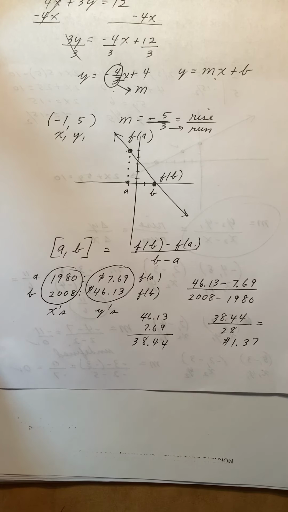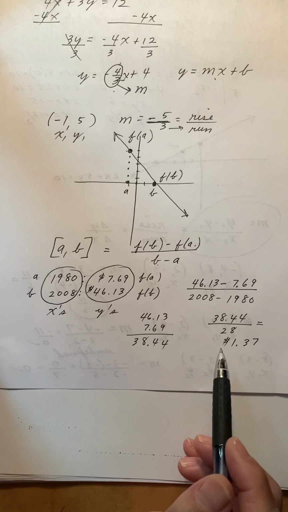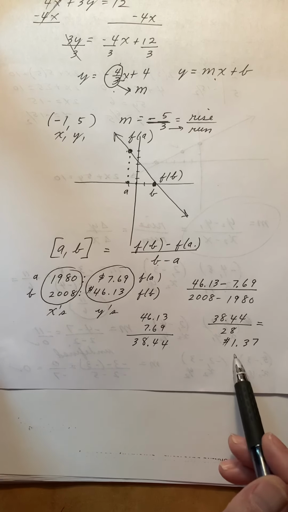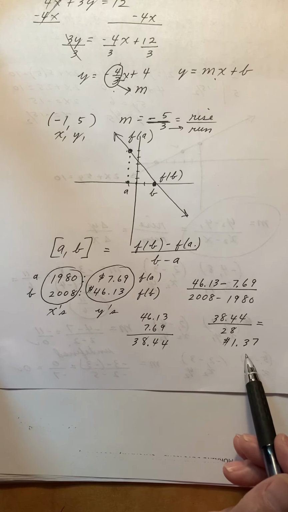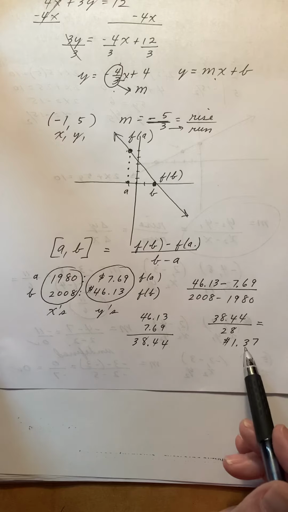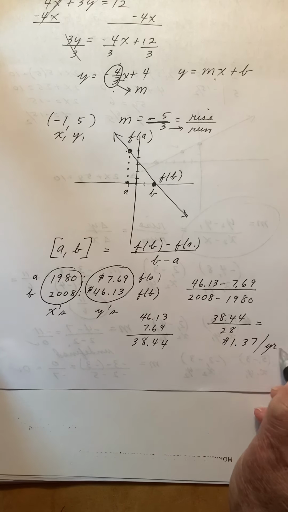So what that means is that the rate for cable TV changed, in this case increased, about $1.37 a year for those 28 years. So we'll put per year right here.